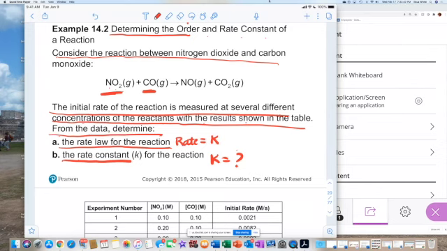It will look like this: rate equals K, and then my first reactant, reactant 1, raised to the power M, and the second reactant, reactant 2, raised to the power N. Of course, I'll write in what the reactants are. I will solve for M and N, and that will help me complete my rate law. After that, I will solve for the rate constant, the symbol K, like they're asking for.